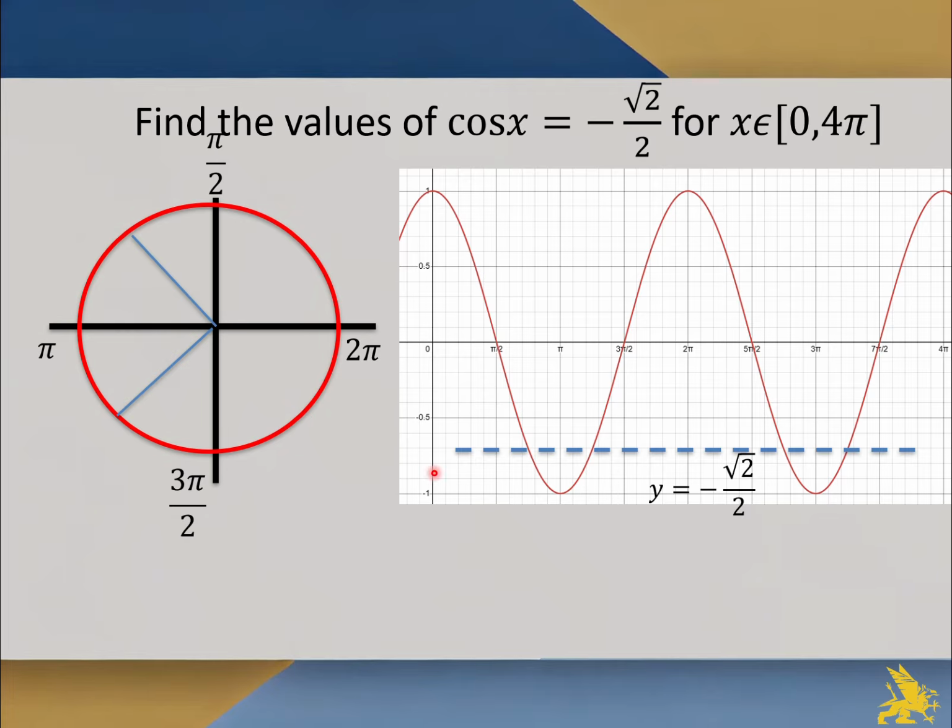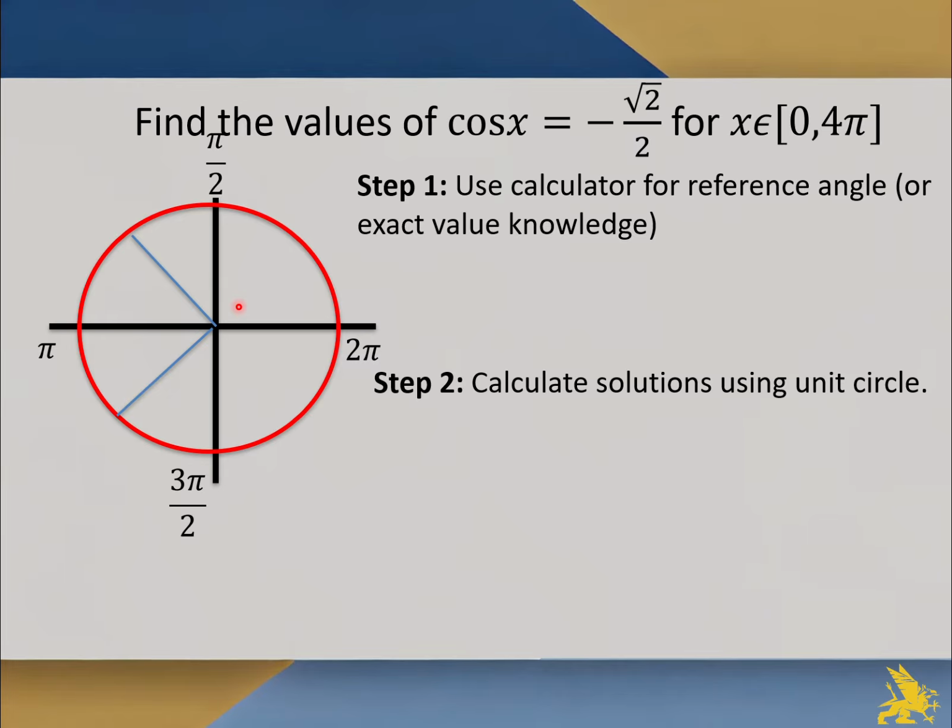Again, I'm just wanting to find what our value is right here for x. To do that, the first thing I'm going to do is use a calculator to find the reference angle, using cosine inverse. I'm just going to plug it in and I will get pi over 4.